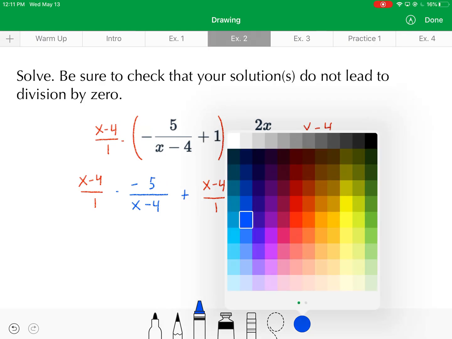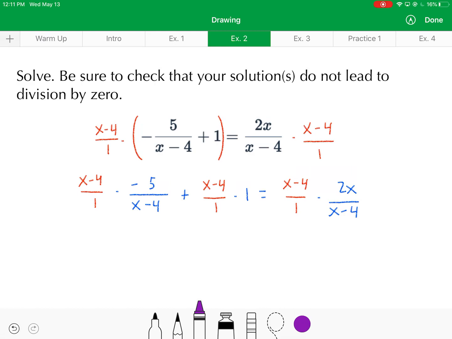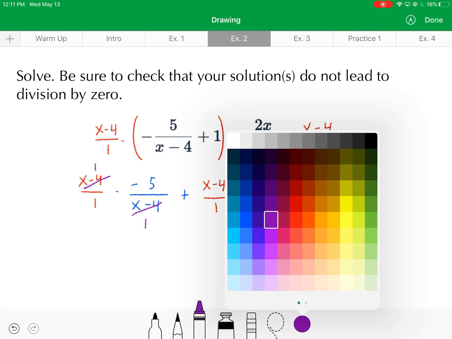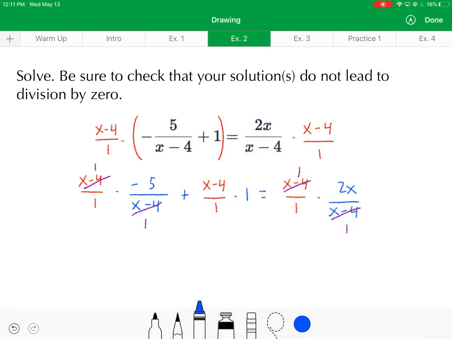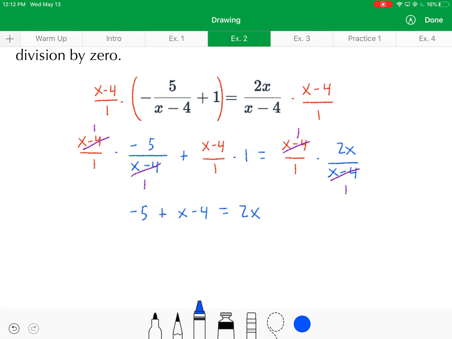Okay, now do your reducing here. These are both wiping out to 1s, and these are both wiping out to 1s. So what I'm left with is negative 5 plus x minus 4 times 1, or x minus 4, equals 2x. Again, much simpler equation to work with now.